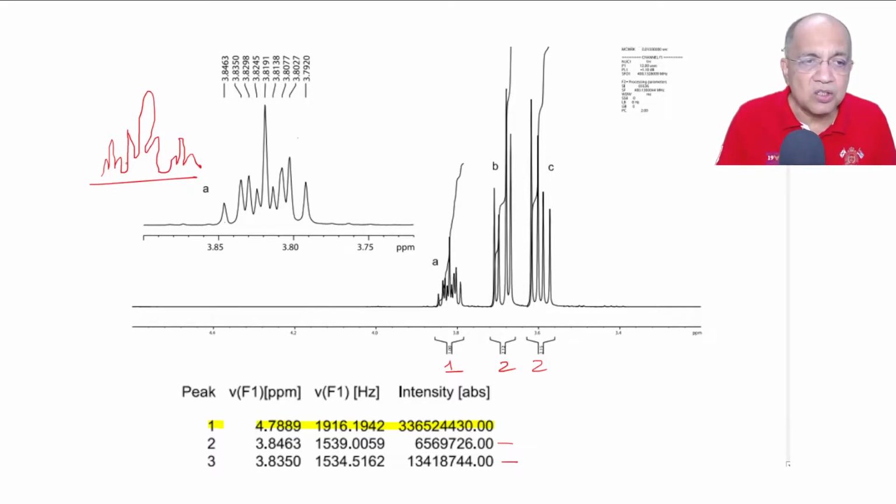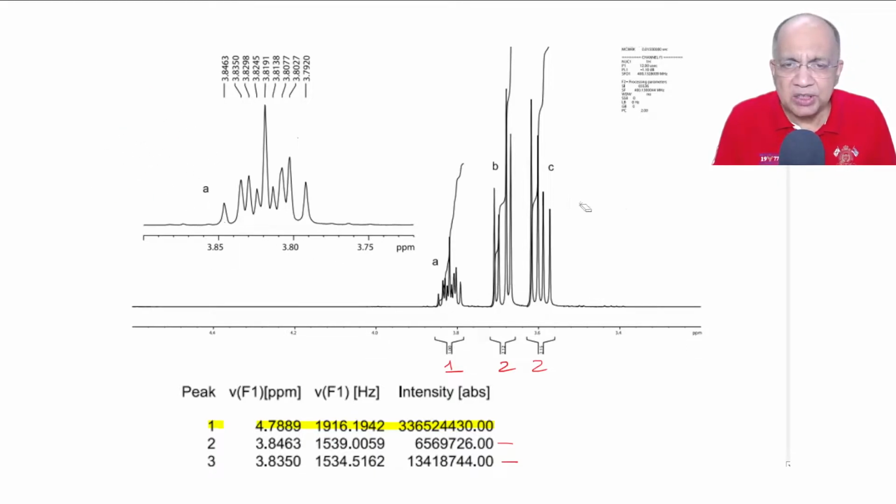But because this one has come before this one, and this one has come later than this, this has come to the left, this has come to the right. So this crisscrossing of components has happened, which will baffle us unless we see it very, very carefully.